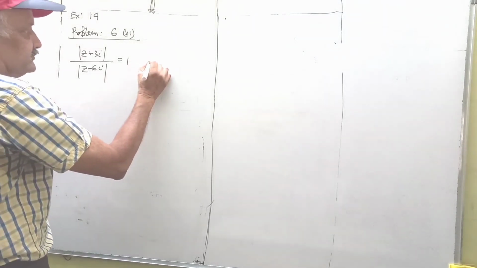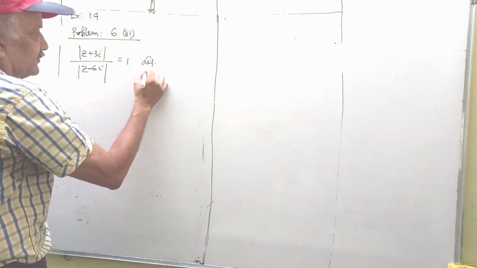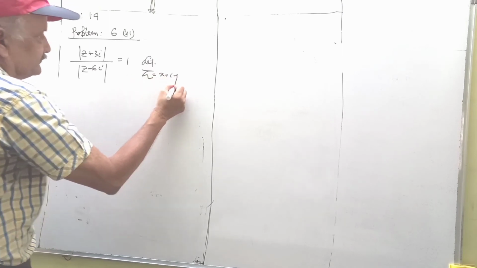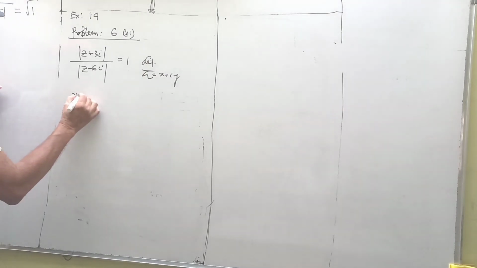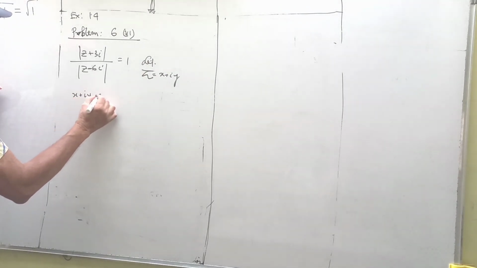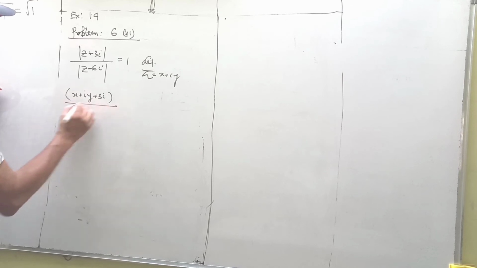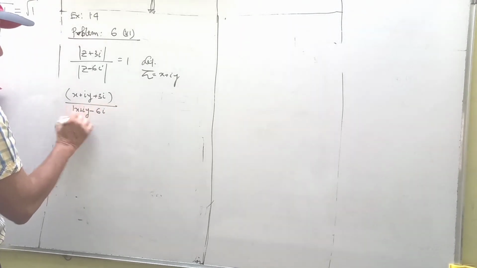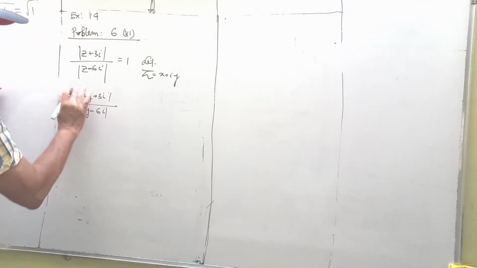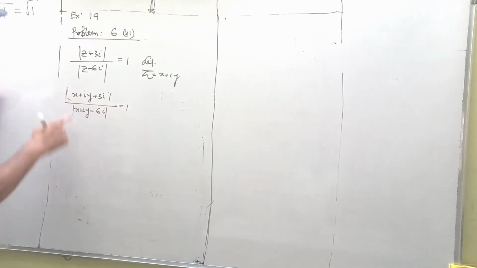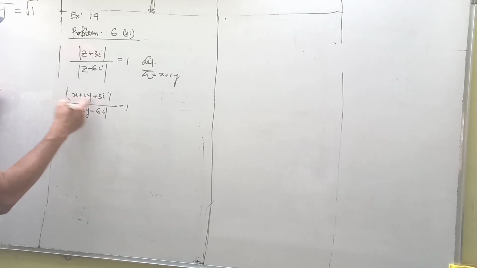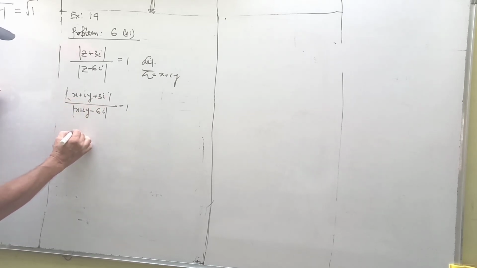Now let z equal to x plus iy, and you write (x plus iy plus 3i) over (x plus iy minus 6i) equal to 1. What is the meaning? You see, do cross multiplication and also the modulus value simultaneously.